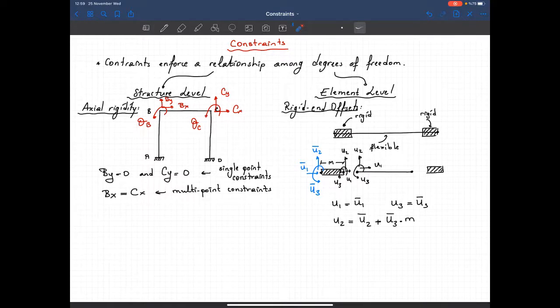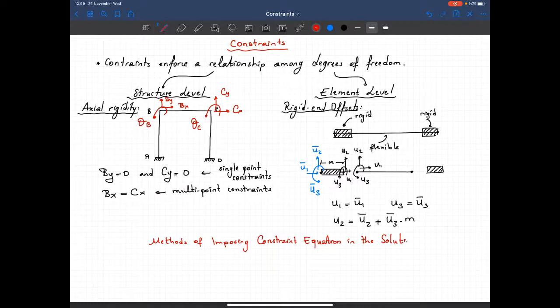But here, what I want to do, let's say that I have the following relationships, okay, between different degrees of freedoms. How can I impose this condition in the solution? Okay, so there are actually three ways. So, methods of imposing constraint equations in the solution.